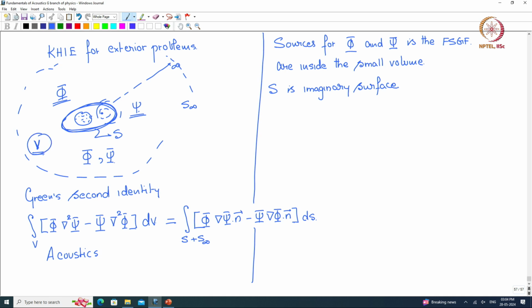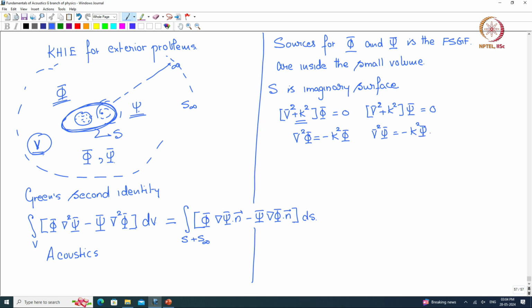So again del square plus k square of phi is 0, and at the same k, del square plus k square psi is also 0, which means del square phi is equal to minus k square phi, and del square psi is equal to minus k square psi.